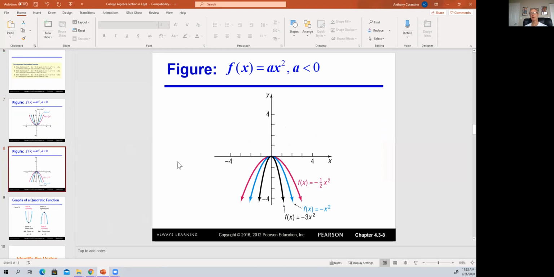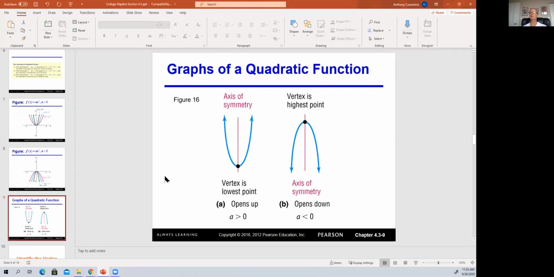And the other attribute that we're going to introduce, and then I'm going to stop the lecture, is the axis of symmetry and how the vertex relates to what we talked about for relative maxes and mins. The axis of symmetry is just the vertical line that passes right through the vertex.